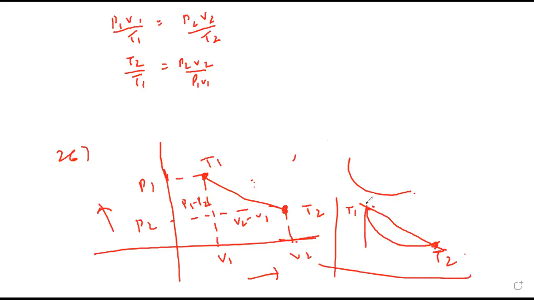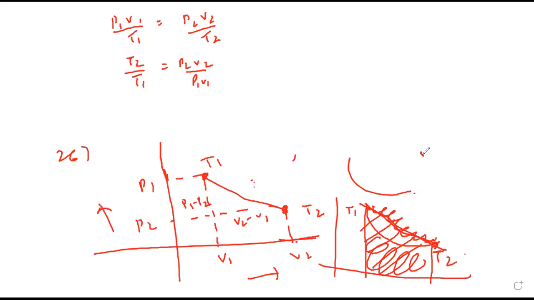Now the area under this graph will give work done, correct? And the area under this isotherm also gives work.